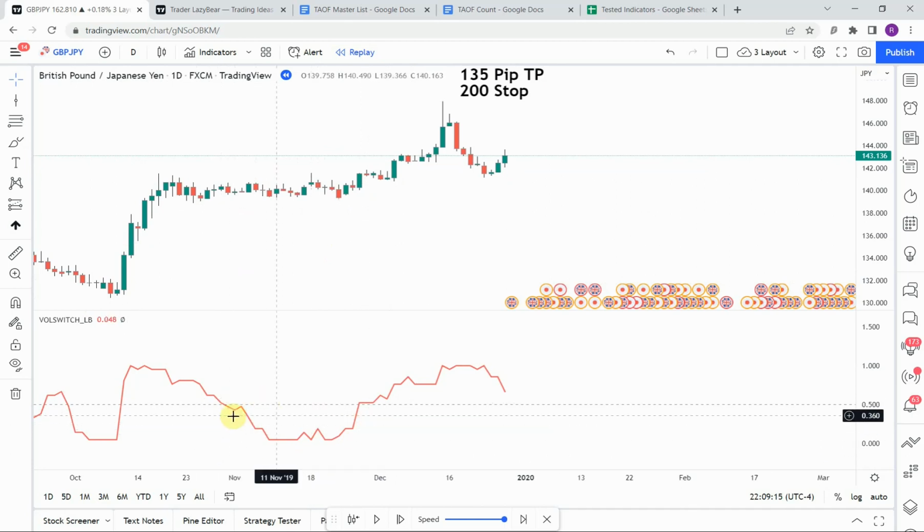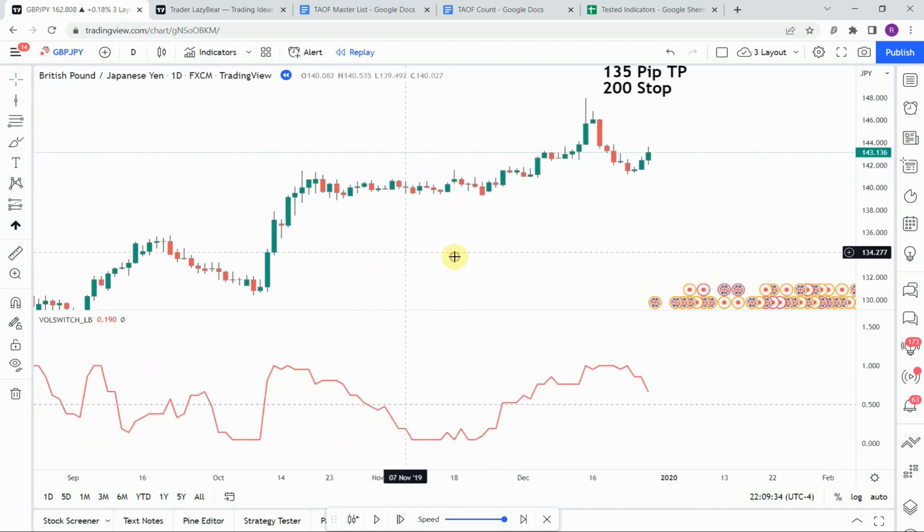And so a good example of this is right here. You see that it drops below that 0.50 mark here, and you can see that the market is pretty much straight sideways. And it's not until it peaks up over that 0.50 marker that it makes a move to the upside and then takes off nicely. Kind of same thing over here, not quite as pronounced, but we get a little bit of move to the downside.